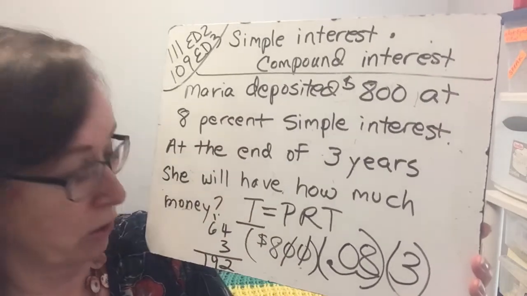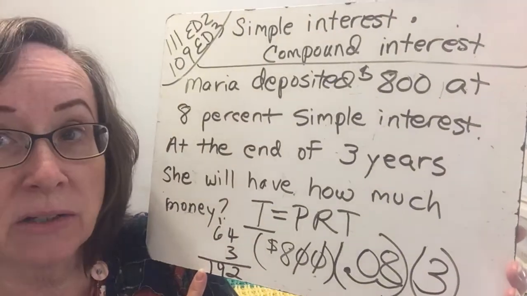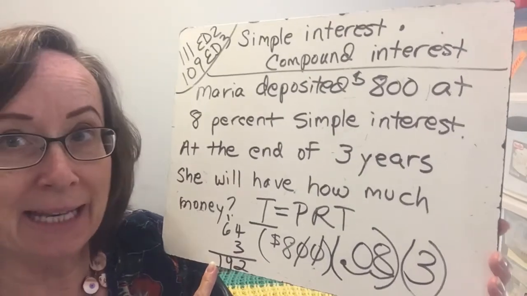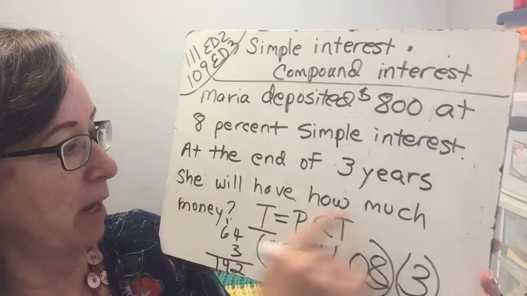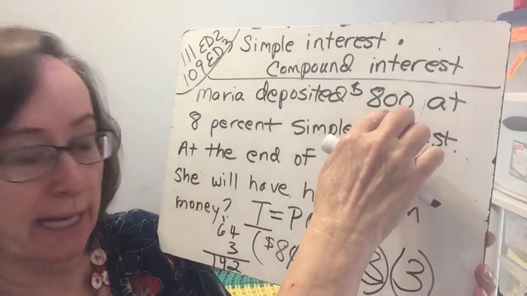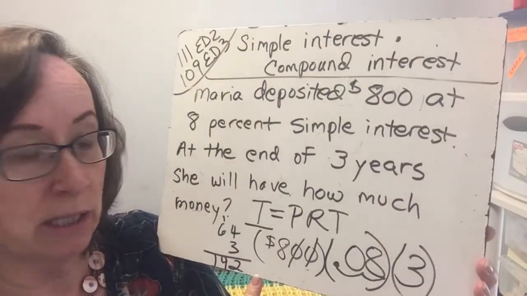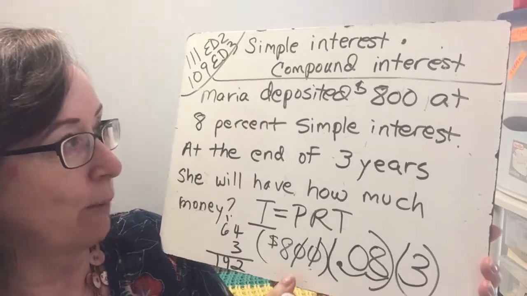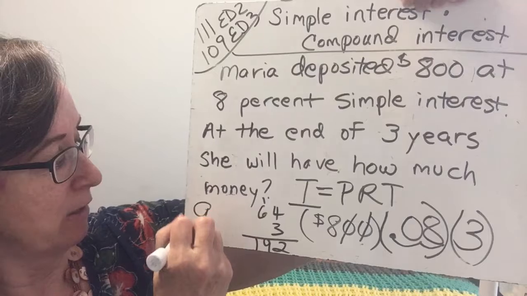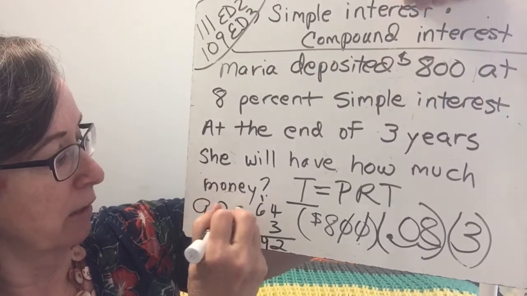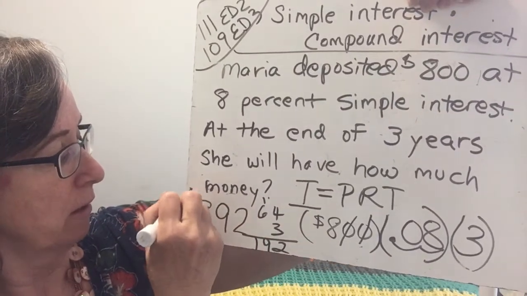So she's earning $192 in interest. She will have how much money means we take the original 800 and we add the 192. So at the end of the 3 years, she will have $992 in her account.